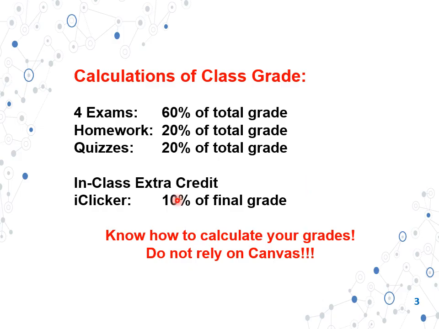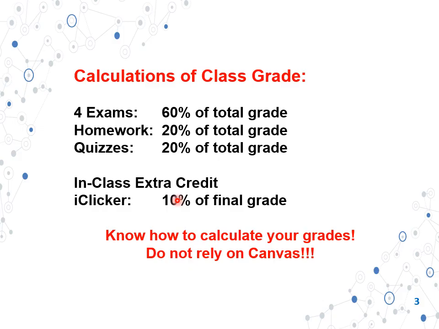Okay? A lot of people ask me, do I have mandatory attendance? No. But if you're not in class, you cannot get extra credit, right? And then at the end of the semester, when you're really close to getting an A in the class and you're just missing 2 or 3 points, and you're like, oh my God, if I had attended class, I would have 10 points and that would push me to an A. And then it's too late, right?